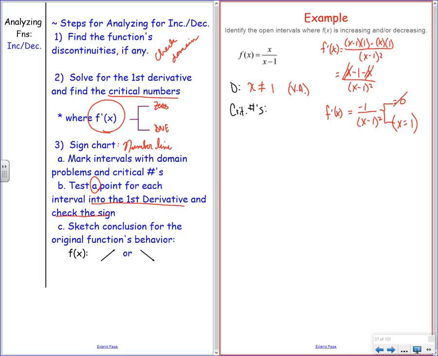Do you remember why? It's in the bottom, and you can't remove it. If it was removable, it'd be a hole. Anyway, we have a vertical asymptote at x equals 1, so of course there can't be a derivative there. So for our critical numbers, we'll just put none, because we already have the domain, so we're not going to add anything else.